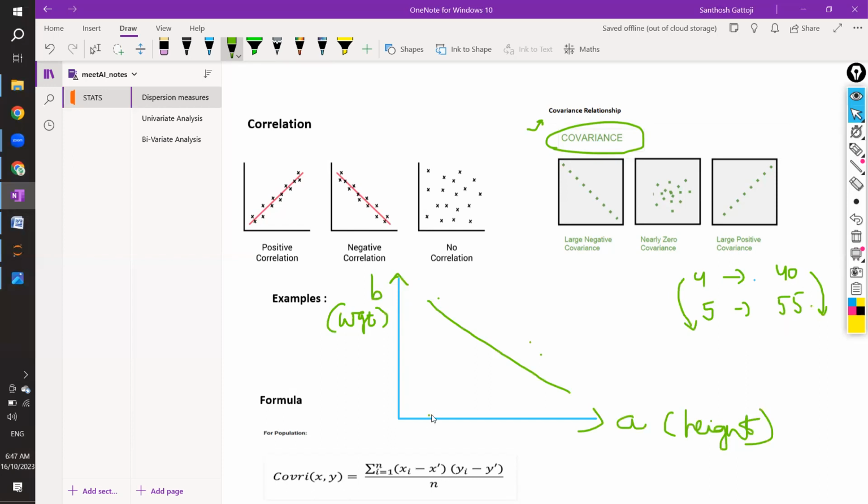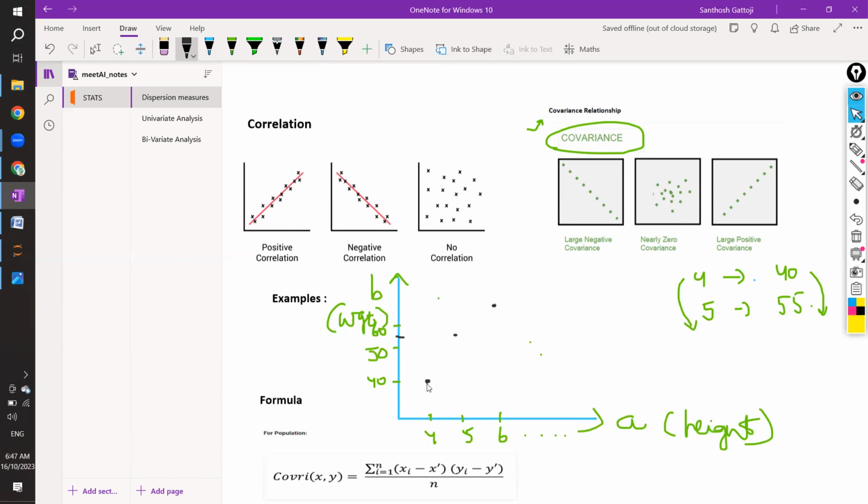So if you have heights 4, 5, 6, and weights 40, 50, 60, something like that, and you start plotting these values, 4 and 40 will be somewhere over here, 5 and 55 over here, and 6 and something over here.